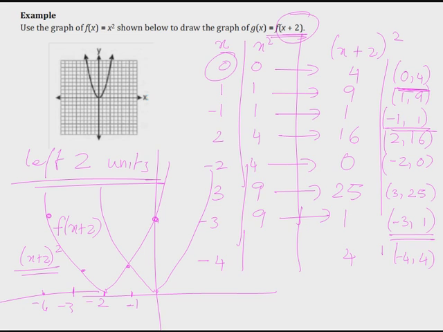So what happens is that in the original graph, I took a value of x and I got a corresponding value of y. So say I took a value of x as 2 and I got a value of y as 4. That's in my original graph, y equal to x squared. Now, I still want the value of y to be 4.